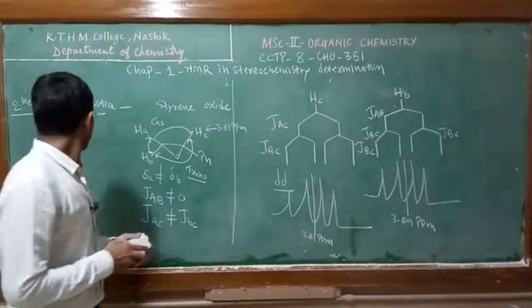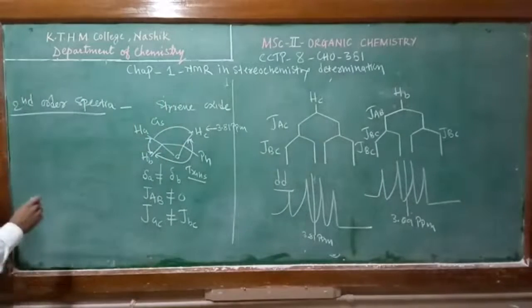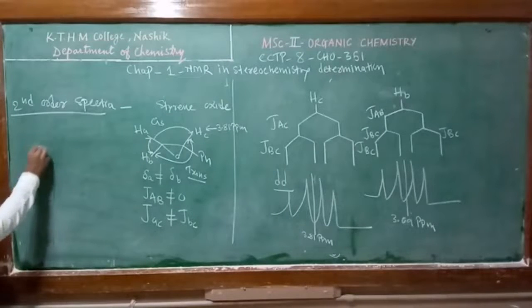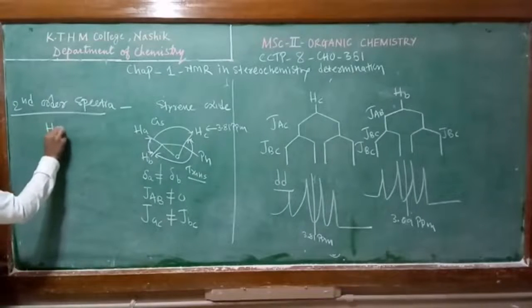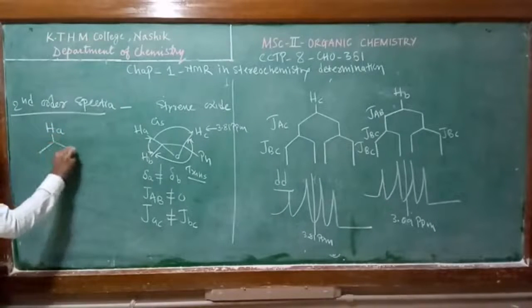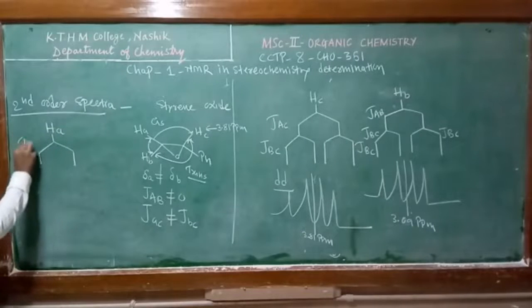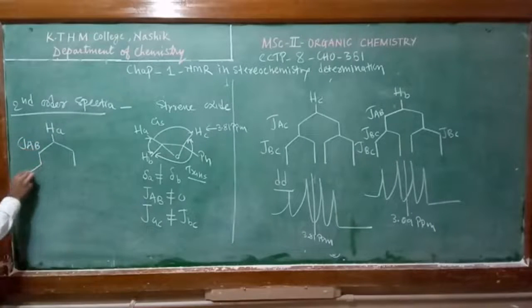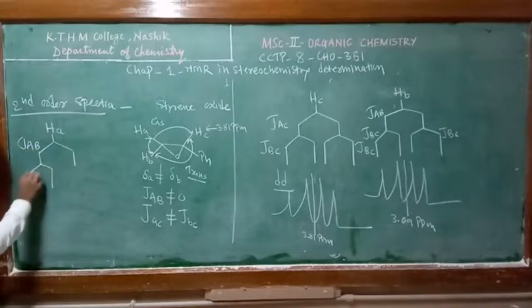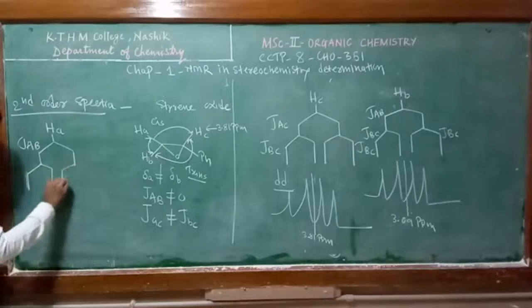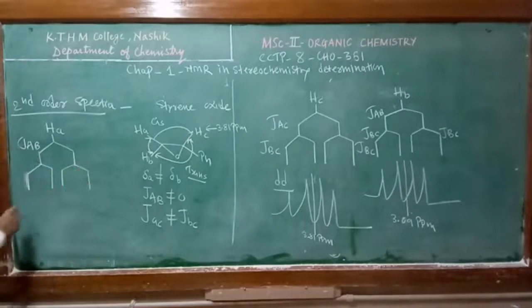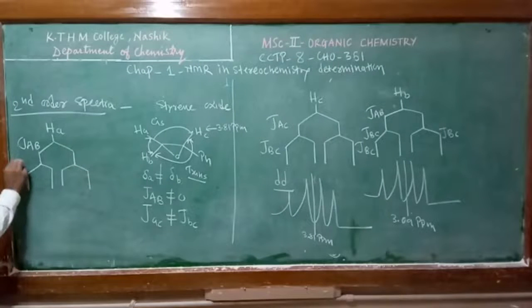Also for the next proton, suppose the Ha proton firstly shows geminal coupling. So with JAB we get a doublet, and again each doublet is split into a doublet, here JAC.